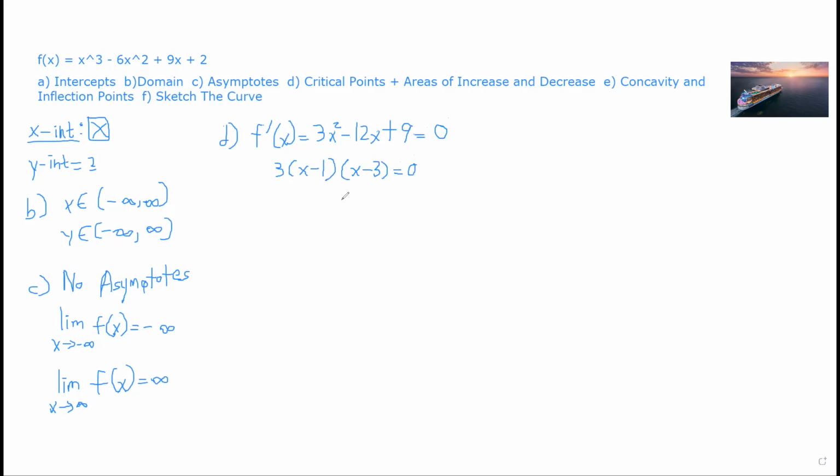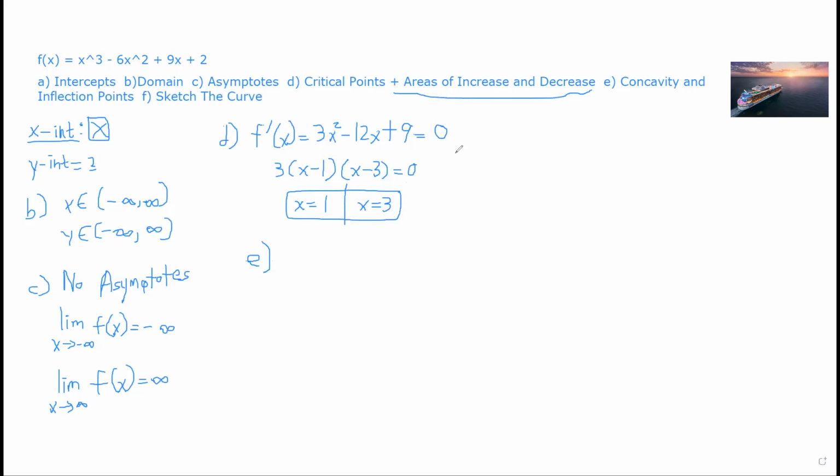So there are critical points at x equals 1 and x equals 3. Just because these are critical points doesn't mean they are for sure maxima or minima. You have to do some test. You can either do the first derivative test or the second derivative test. I still have to find areas of increase and decrease, but I'm going to skip this step for now and come back to it. I'm going to do part E first.